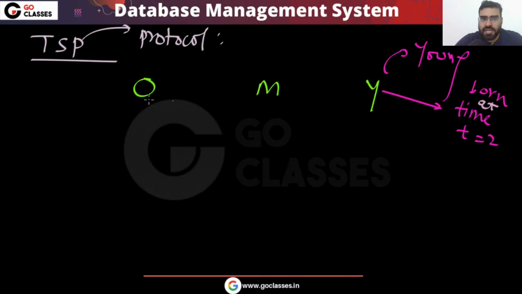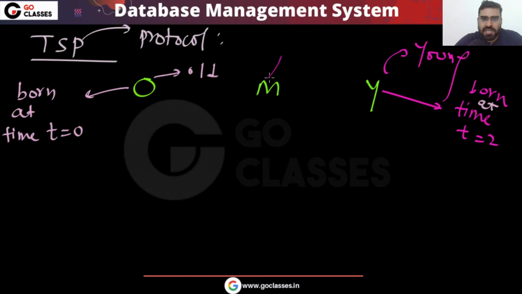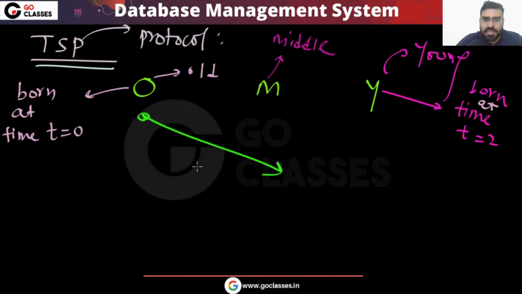So this was born at time t equal to 2, and this was born at time t equal to 0. So this is the old transaction, and this is some middle transaction. So what does this timestamp protocol say?